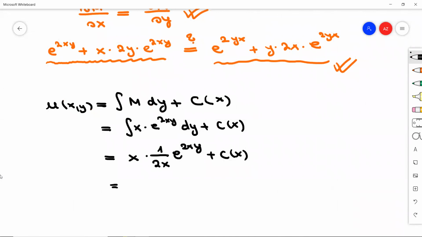So it is 1/2 times e^(2xy) plus c(x). This is the candidate for u.